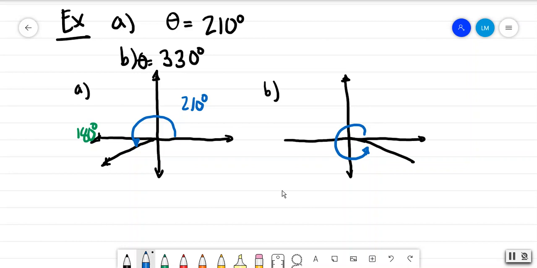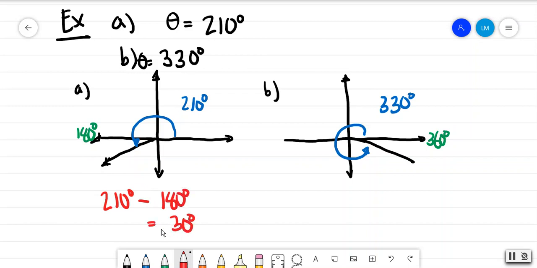So this is going to be 330. And remark the difference. This is 360. Okay, so we'll find the reference angle of this one. The reference angle to 210, because it terminated in quadrant 3, is taking 210 and subtracting 180, and that gives us 30 degrees. So the reference angle is 30 degrees, but check this out.